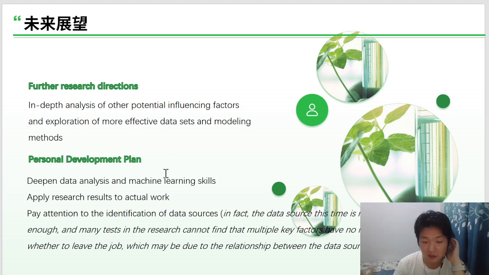It is important for me, as I said at the first, because I have my department. So I will get a new data set and new modeling methods to analyze the reason. It's all. Thank you.